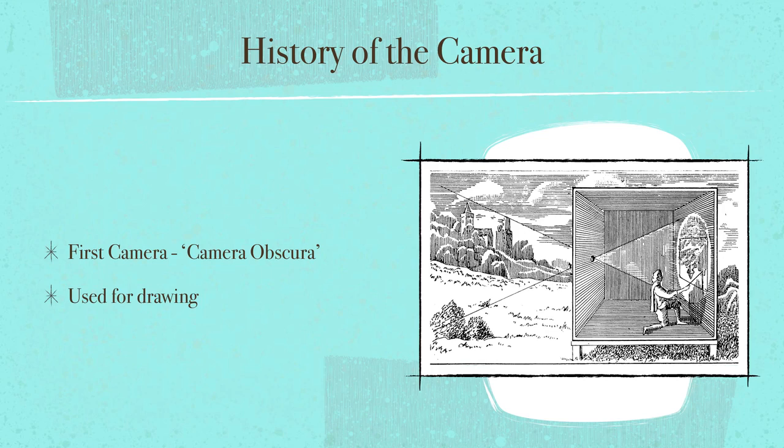As you can see in this picture, we have an artist drawing an image with a projection of what's outside, and he's basically in a large box, and he uses this pinhole, and the light passing through this pinhole shines upon the wall opposite of it, and it creates this image of what's outside, but it's upside down. And so this is just how some artists started drawing back in the 1700s, and it's really crazy how this was invented. It was called camera obscura.